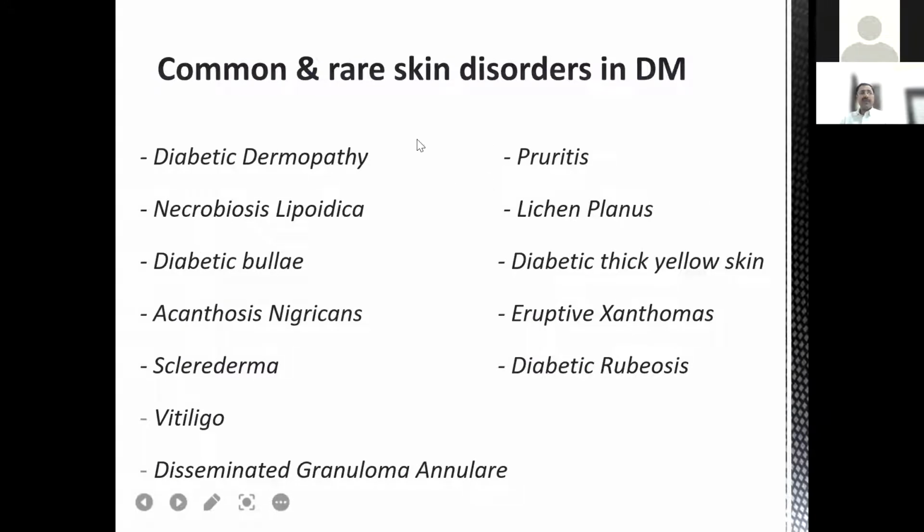The common and rare skin disorders in diabetes are diabetic dermopathy, which is very common; necrobiosis lipoidica, not that common; diabetic bullae; acanthosis nigricans, very common in type 2 diabetes; scleroderma, not so rare; vitiligo, mostly in type 1 but it can also happen in type 2; disseminated granuloma annulare; generalized pruritus, very common in diabetics; lichen planus, to which diabetic patients are more prone; diabetic thick yellow skin; eruptive xanthomas due to cholesterol; and diabetic rubeosis.